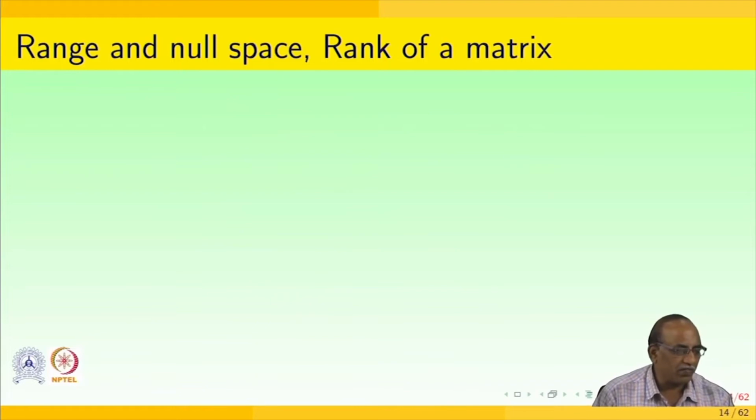Based on that, we can find the rank of a matrix.